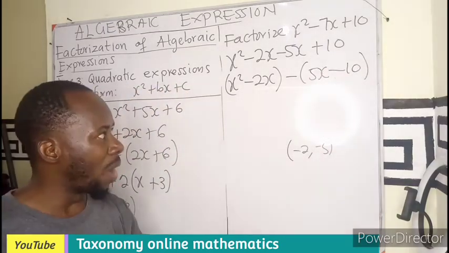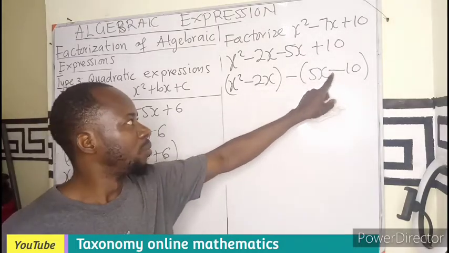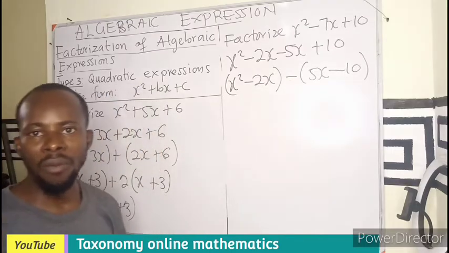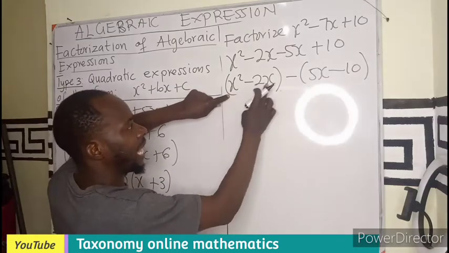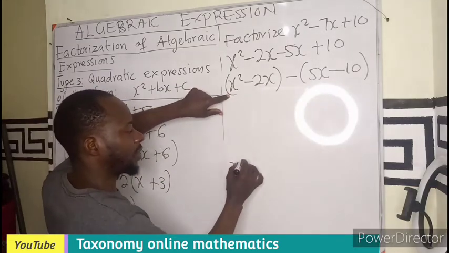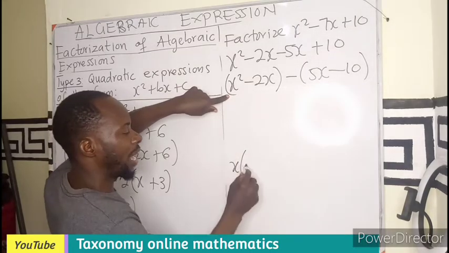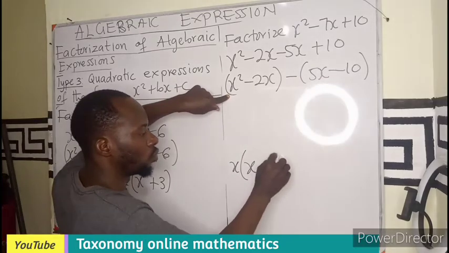I believe by now you know why the bracket is having negative, because of the negative in front. So right away, I look out for common factor. What will be the common factor? This x. So x into bracket. When x divides x squared, I'll be left with only x, minus this will give me 2.